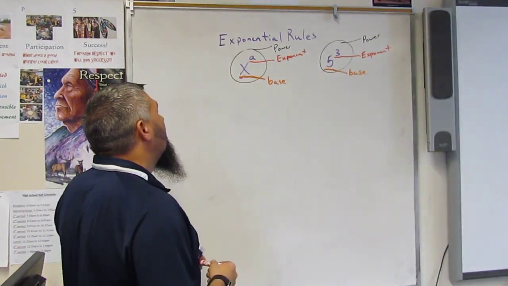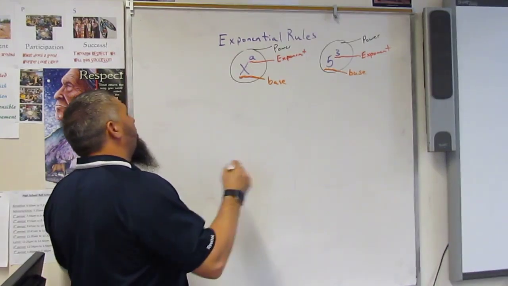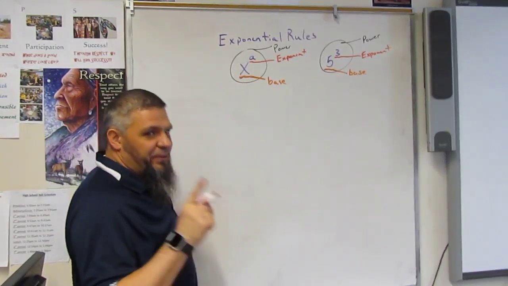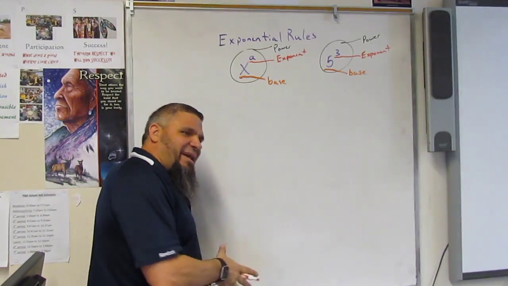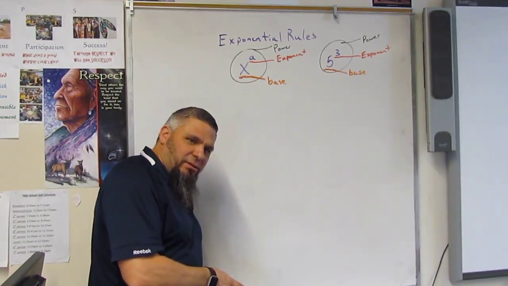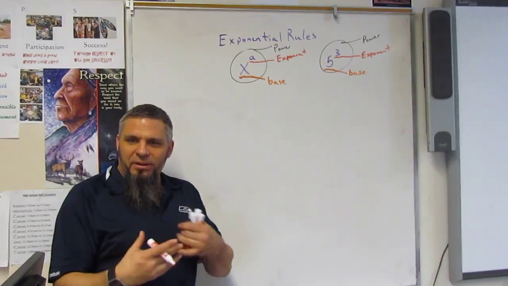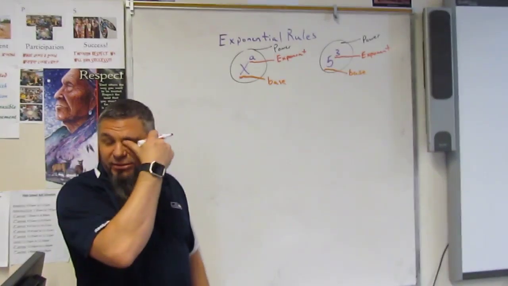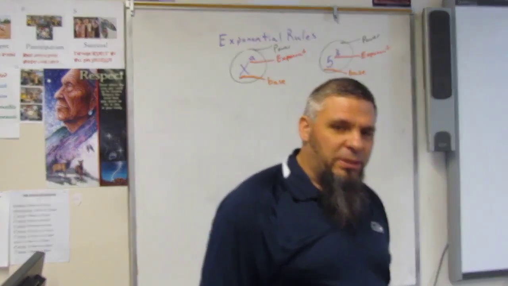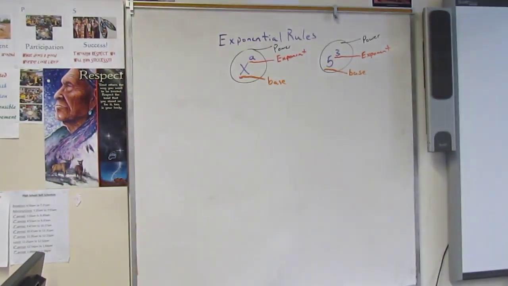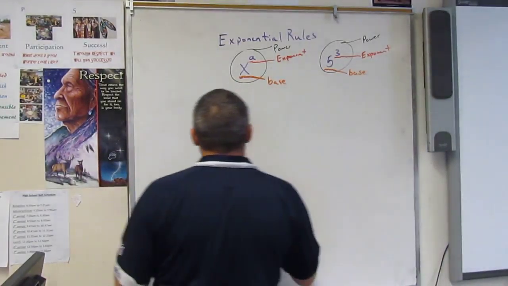Now, when you take two powers with the same base, right? Now these vocabulary words might make a little sense. If someone just wrote to you, take two powers with the same base and multiply them, what do you do to the exponent? You're like, what? Okay? But it's not that hard.